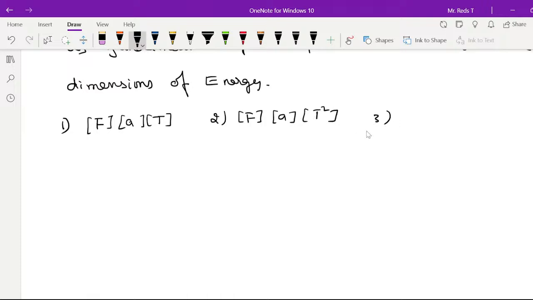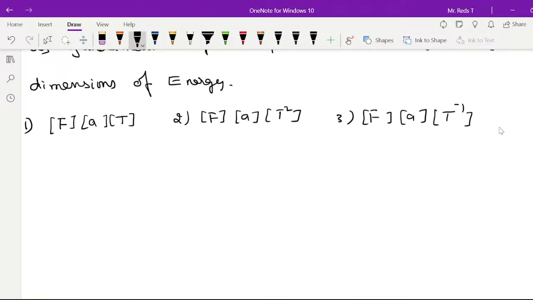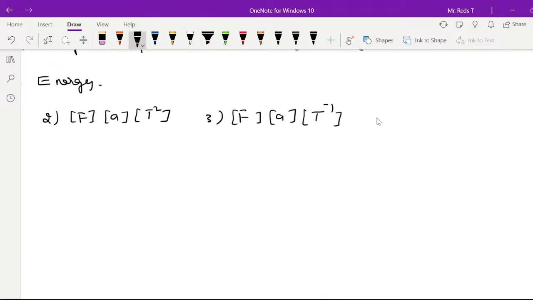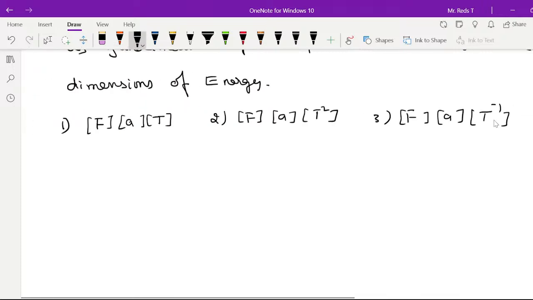Third option says [FAT⁻¹]. Fourth option is [FA⁻¹T]. These are the four options given. Then what is the correct option?